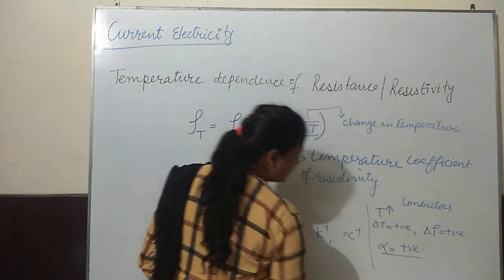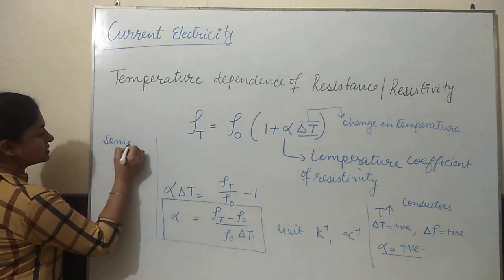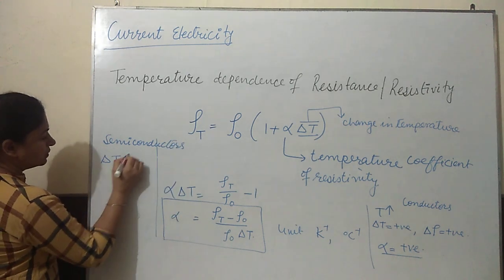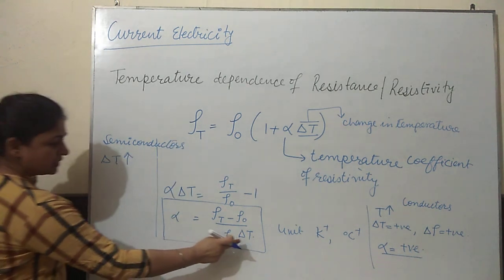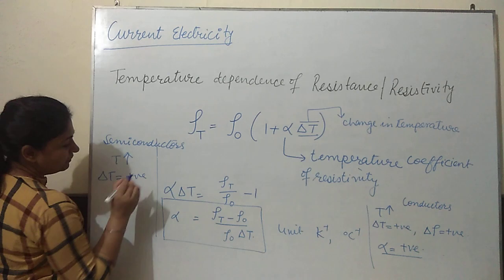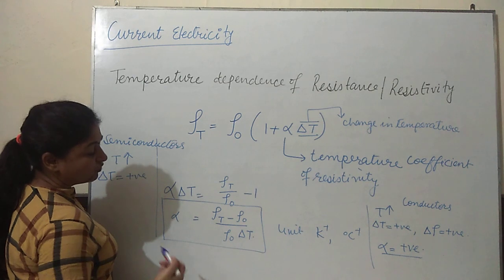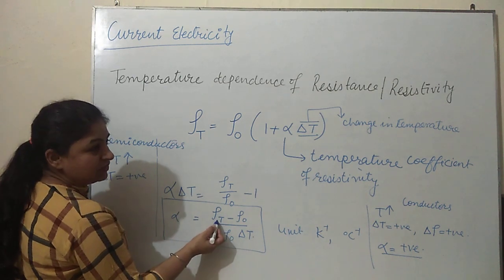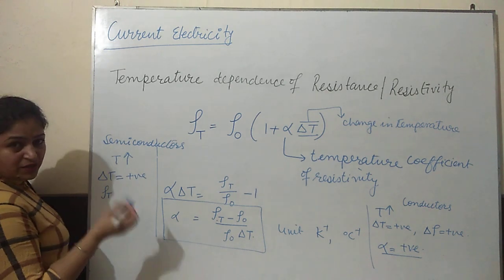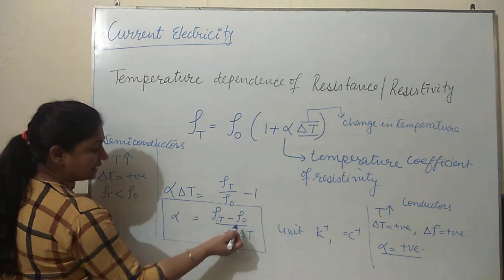And what about semiconductors? In case of semiconductors, suppose we are increasing the temperature, so delta T is positive. But when we increase the temperature, conductivity will increase because of more charge carriers, and resistivity will decrease. So in case of semiconductors, the resistivity at the higher temperature would be less than the resistivity at the initial temperature.